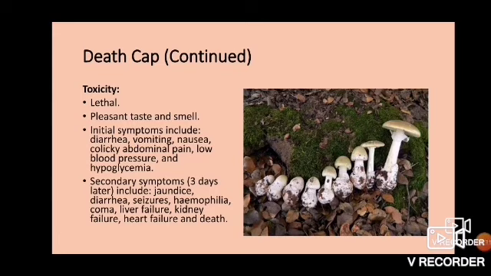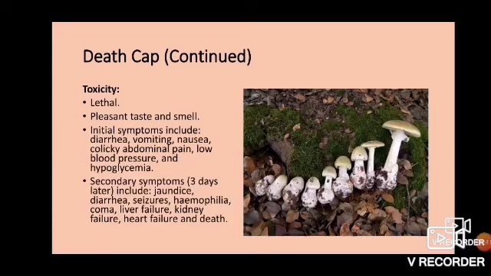So the initial symptoms include diarrhea, vomiting, nausea, colicky abdominal pain, low blood pressure, and hypoglycemia. And then those symptoms go away. And just like with the Cortinarius species, I do believe that this is one of the reasons why this mushroom causes so many fatalities. The symptoms go away, but damage is still being done to your body, particularly your liver.